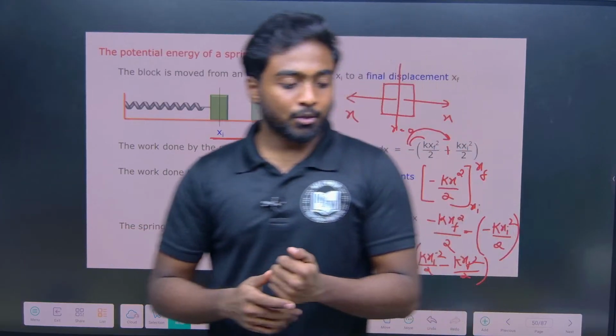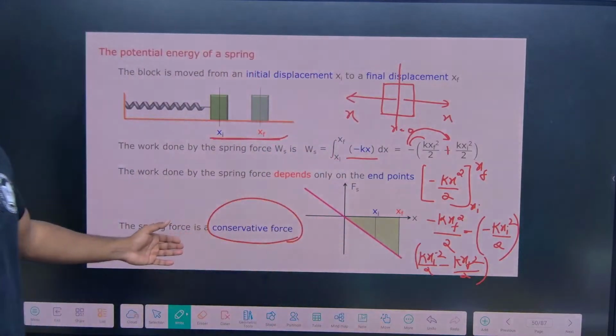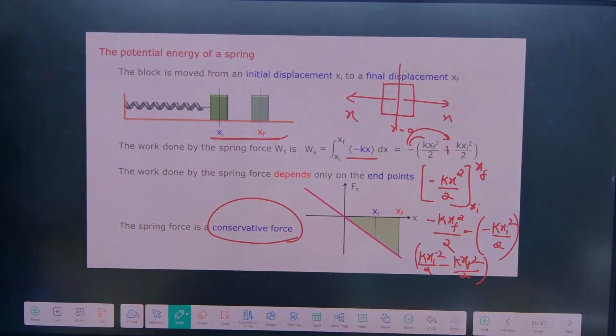So conservative means it depends only on the initial and final points. You can take a note of this. Once you have completed, we can go for the next one.